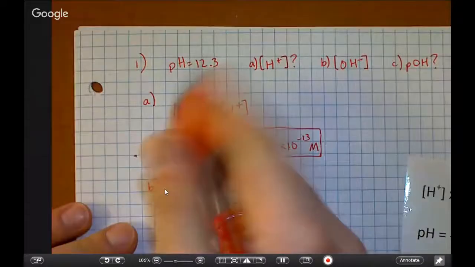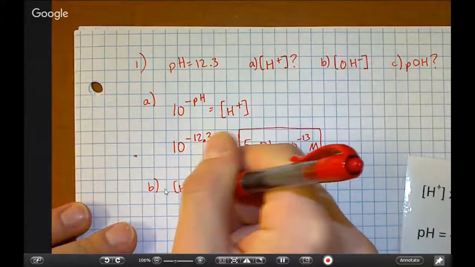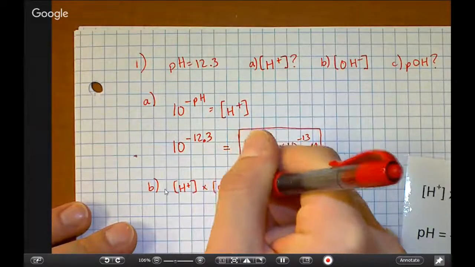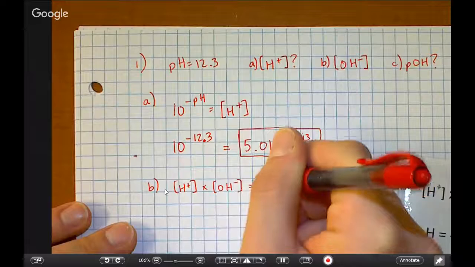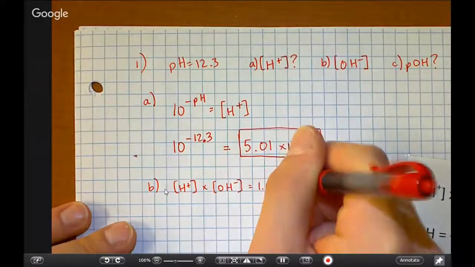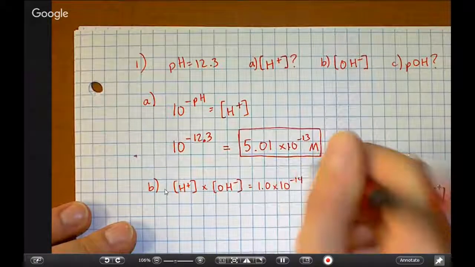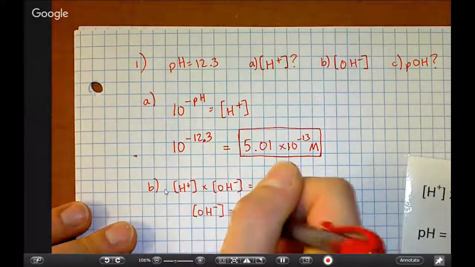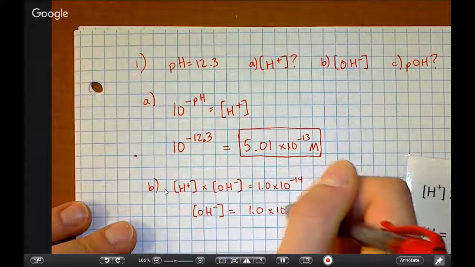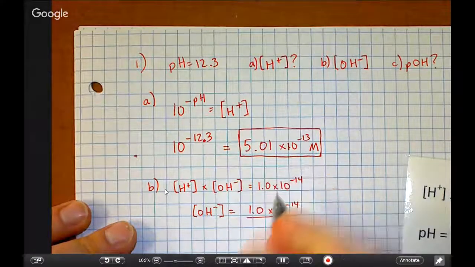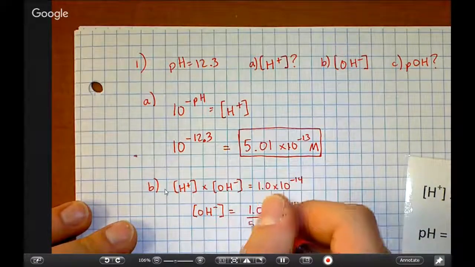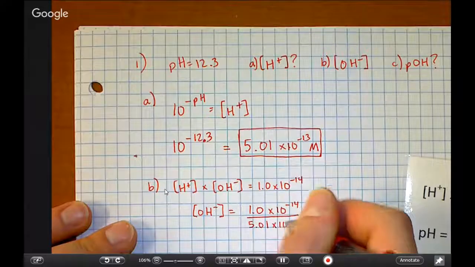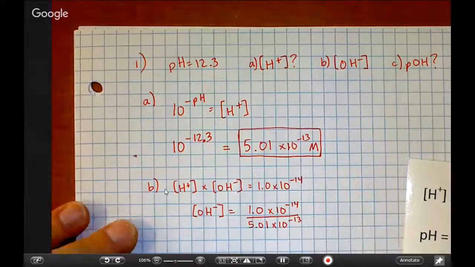So if we have H plus times hydroxide equals 1 times 10 to the minus 14, we divide both sides by H plus. We get 1 times 10 to the minus 14 divided by H plus, which above was 5.01 times 10 to the minus 13.